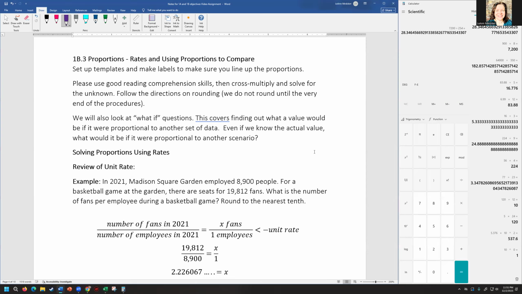We will also look at what are called what if questions. These are going to cover finding out what a value would be if it was proportional to another set of data. So they may actually give you 4 pieces of numbers. They might say, oh, we know all the 4 numbers, but we want to say, what if Alabama had the same number of banks that New York has?